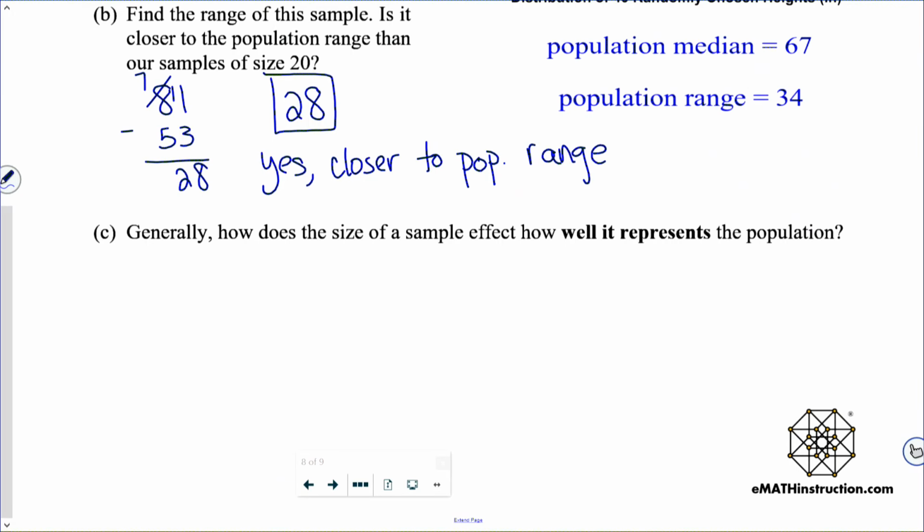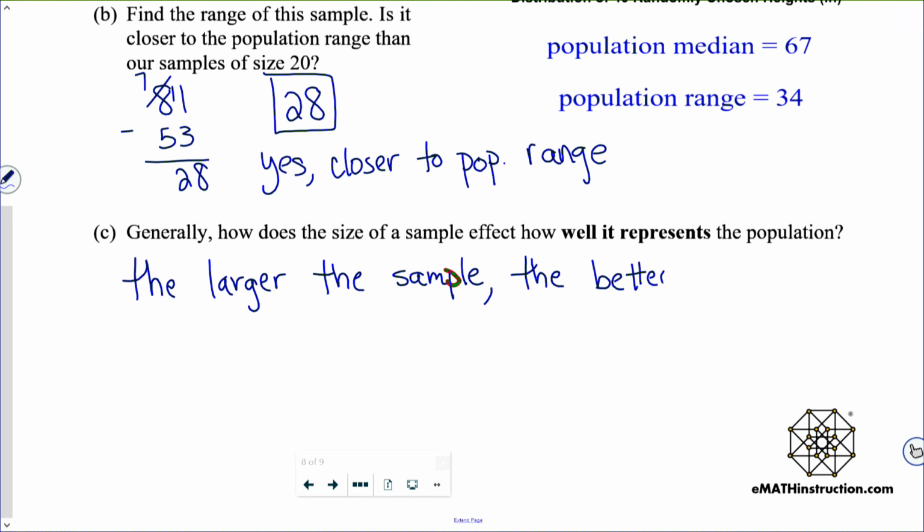Okay, well, generally speaking, the larger the sample size, the better it will represent the population.